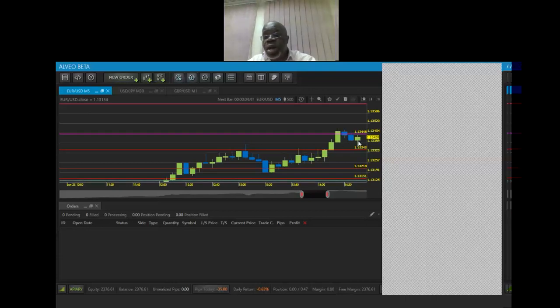The next one has not closed there, but the fact that the wick has gone down means this could be a trigger, because it's trying to go up. But again, for safe trading, you don't trade it. You wait until it is below this one.